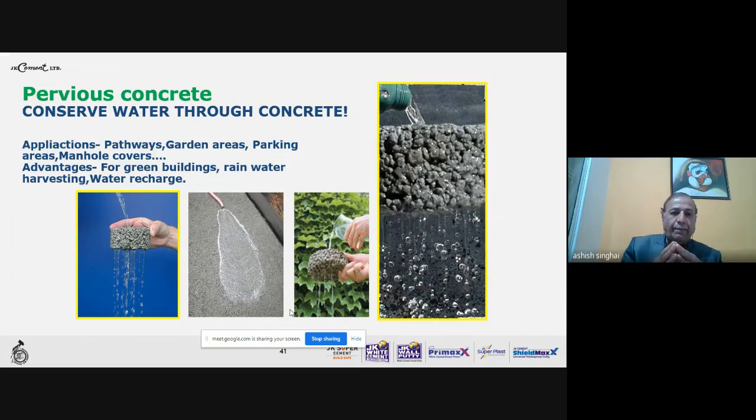So, what are the areas of application? Your pathways, footpaths, garden areas, parking areas, manhole covers, or wherever you find any area where heavy traffic volumes are not there, where heavy traffic is not supposed to pass through, that particular surface can be made of pervious concrete.